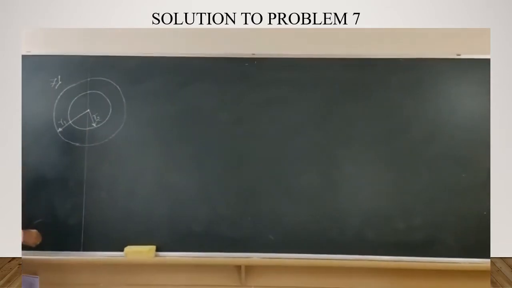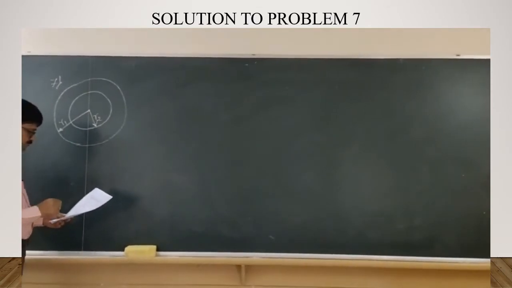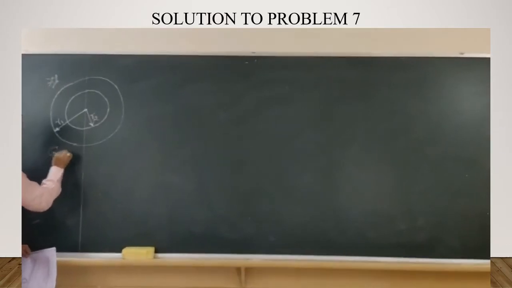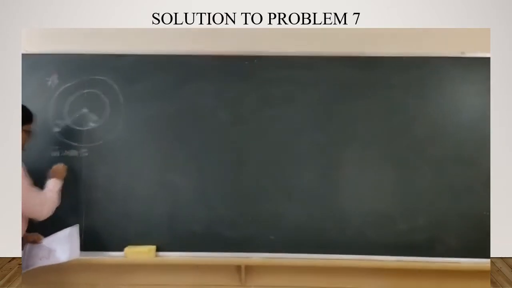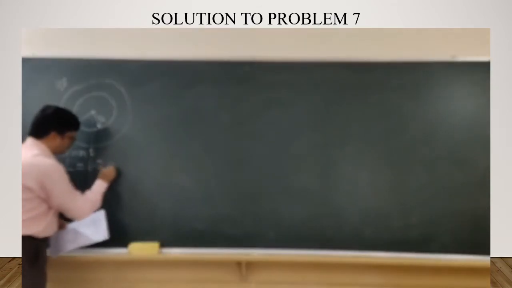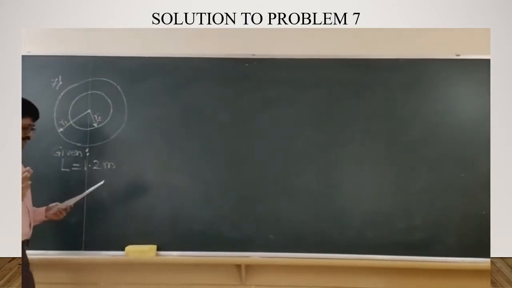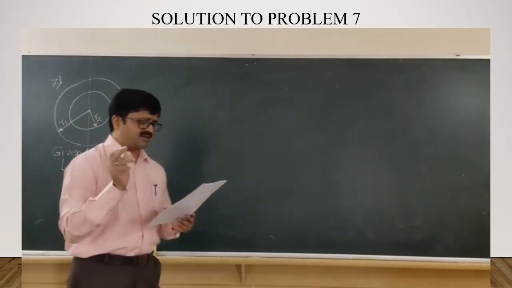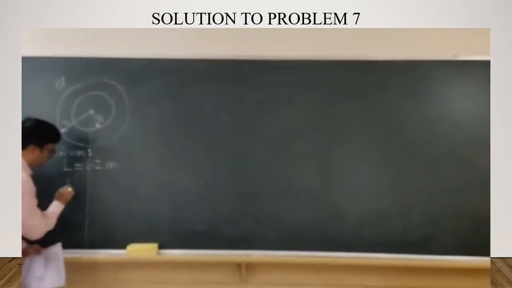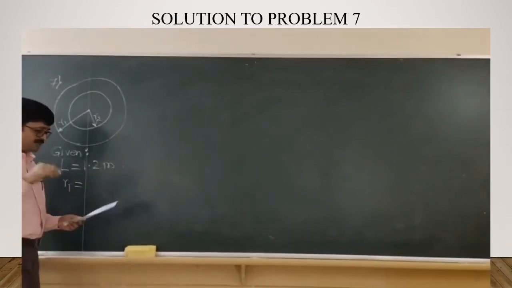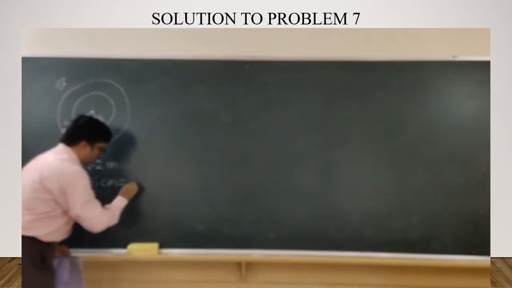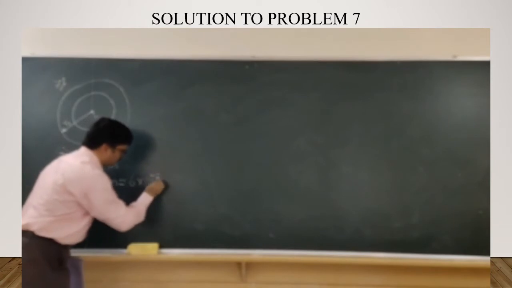Accordingly, over here, first we will mention L. Length is given to us as 1.2 meter, and external diameter is 12 centimeter. That means the external radius, R1, is 12 divided by 2, which is 6 centimeter, which is 6 into 10 raised to minus 2 meter.